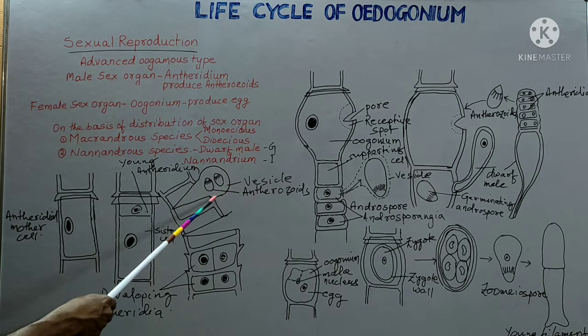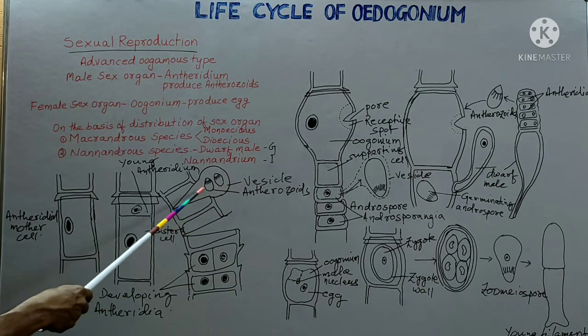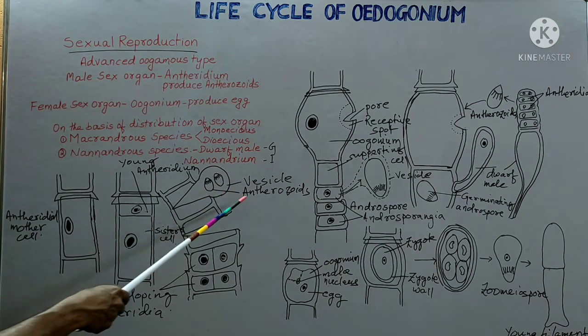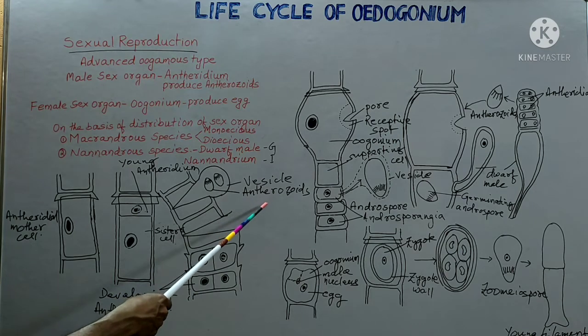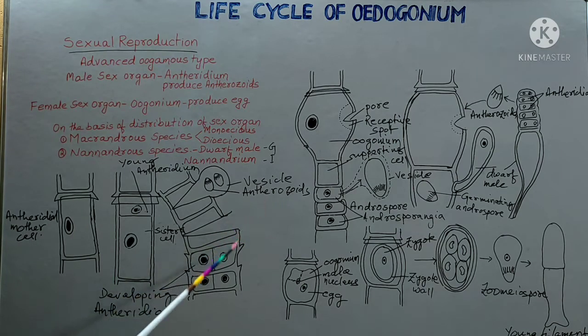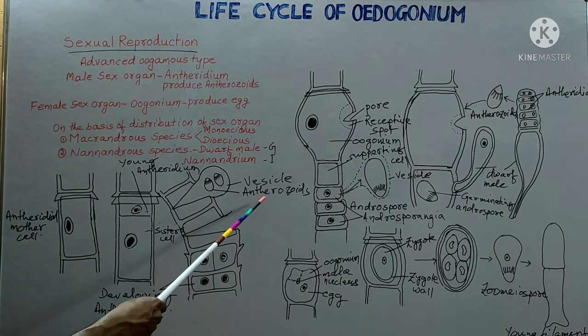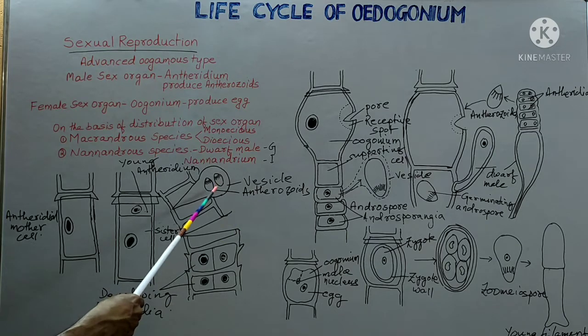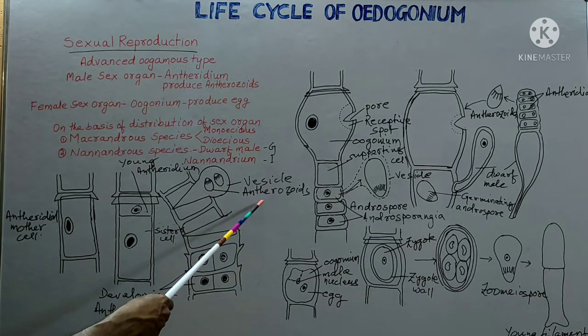They are released in a vesicle, and the vesicle later on dissolves, thereby releasing the antherozoids so that they can participate in the process of fertilization. So inside each antheridium, two antherozoids are formed. This is about the development of antheridium.